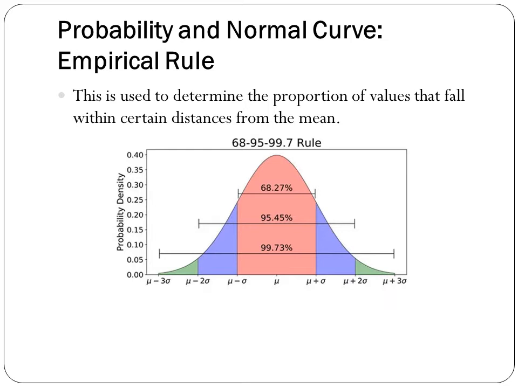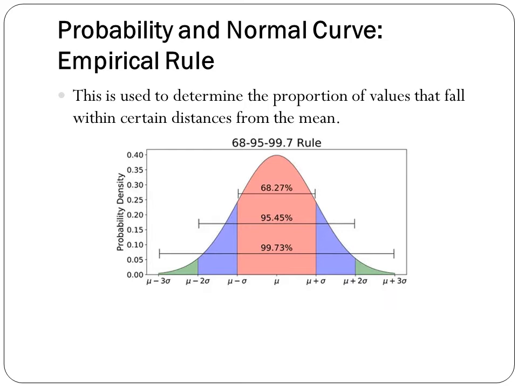So if I go one standard deviation away from the mean, I will have this particular value. So if I have one standard deviation away from the mean on the right side as well as on the left side, that constitutes 68.27% to be exact. Or generally, that's 68% in the empirical rule.